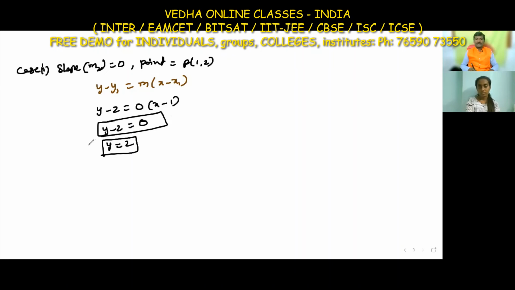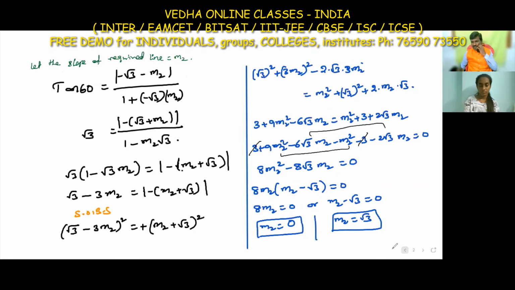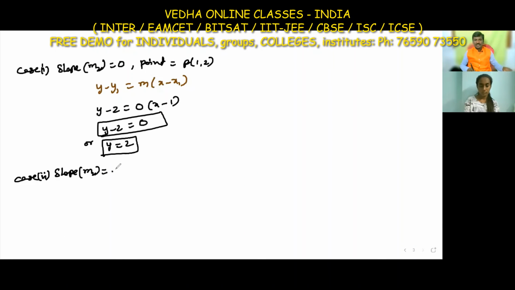Next I am taking case 2. What is case 2? Slope m2 is equal to root 3. Root 3 is the slope, and the point is 1 comma 2.